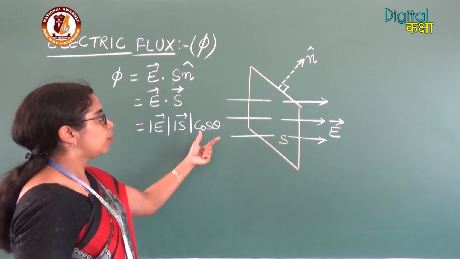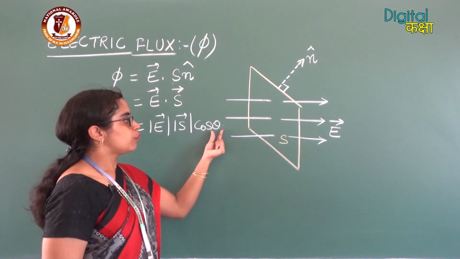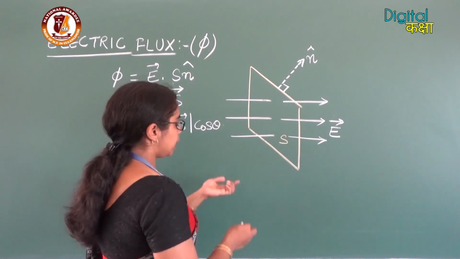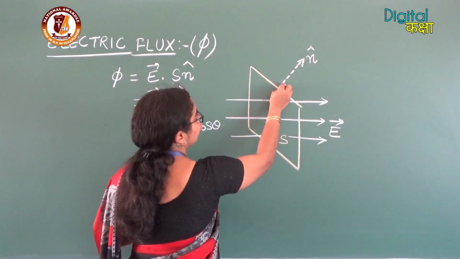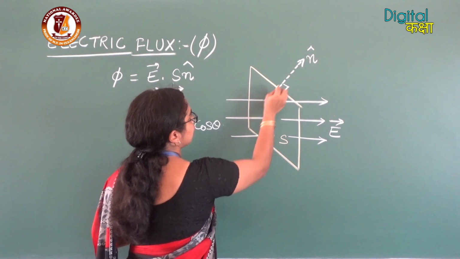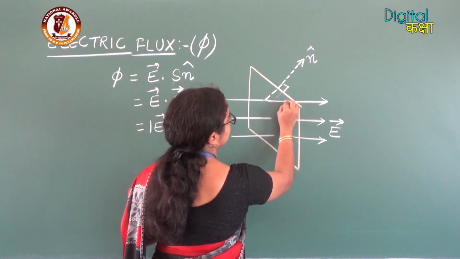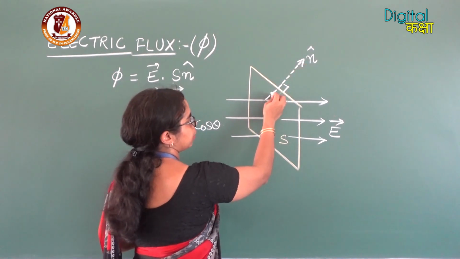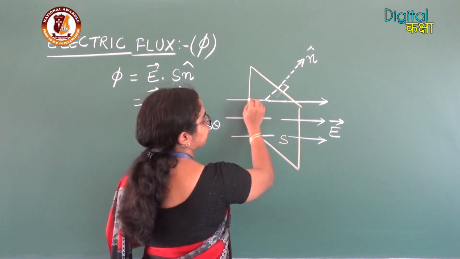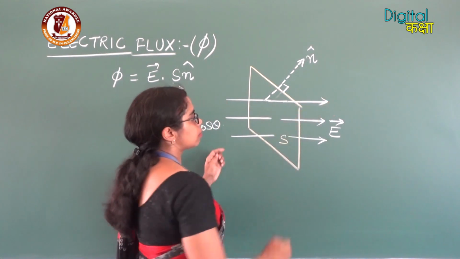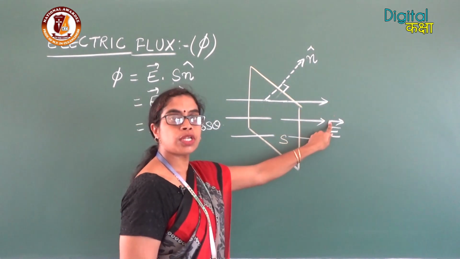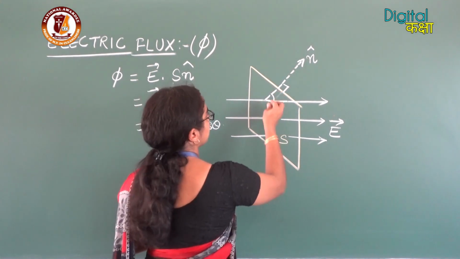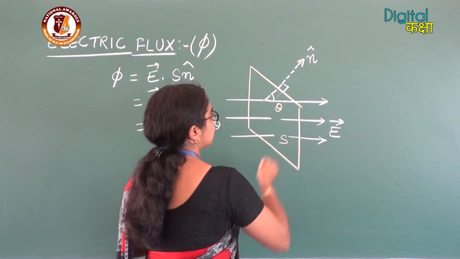theta. We have to understand what this theta is. This theta is the angle formed between the n cap and the electric field. See, I have extended this n cap vector. So this n cap is subtending a certain angle with the direction of the electric field, and this angle can be represented as theta.